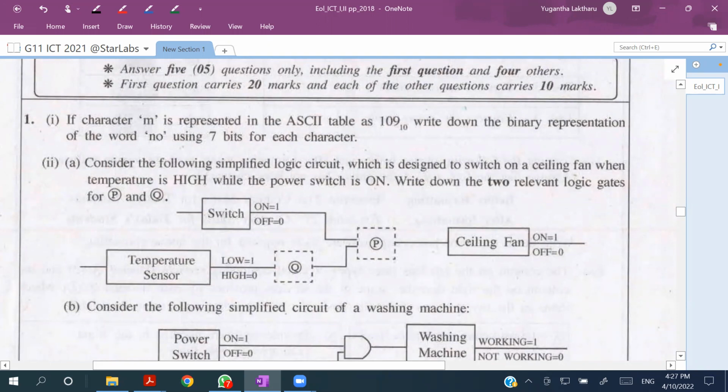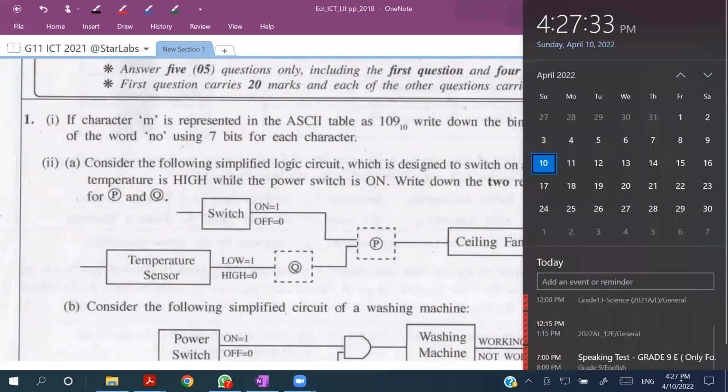And I'll see you next week at the very same time. Since we have the O levels and still have to discuss 2 more papers other than 2018, let's have next week's session on the 17th.